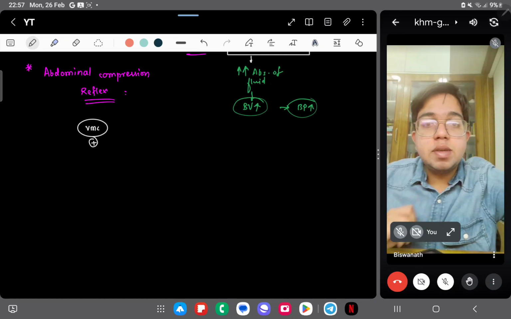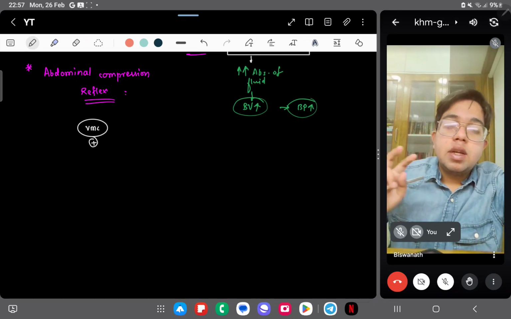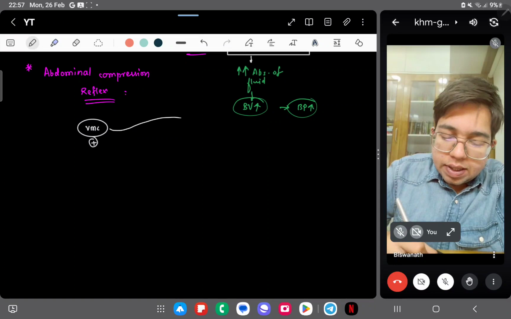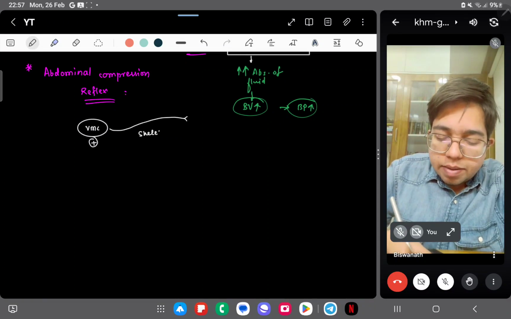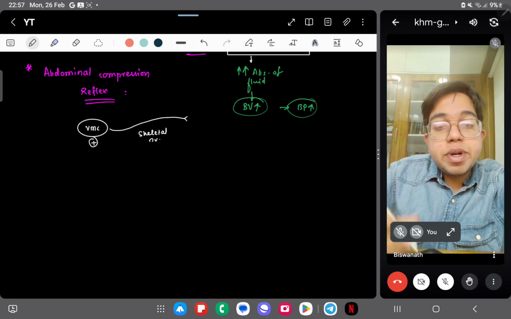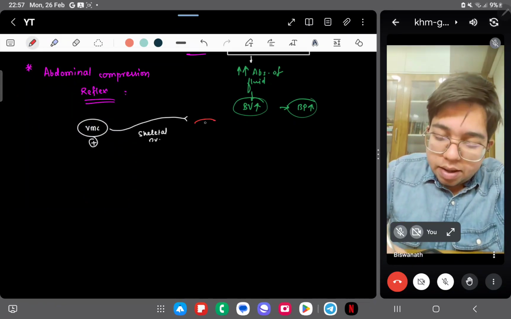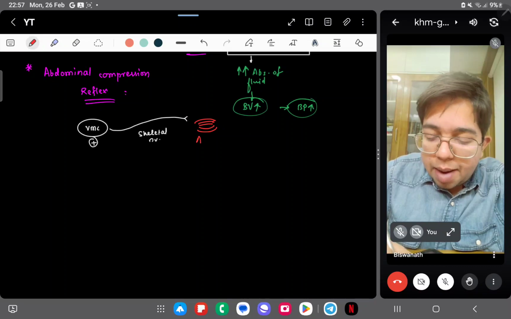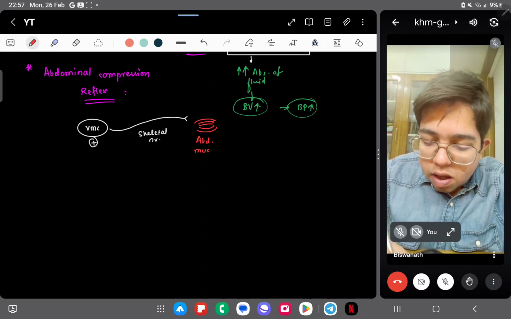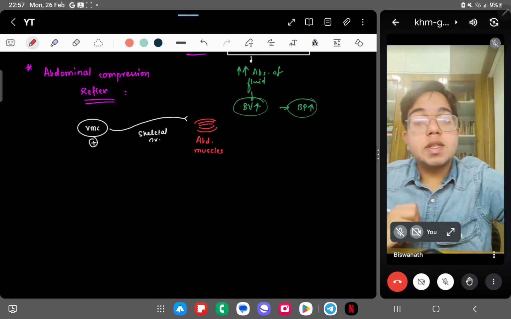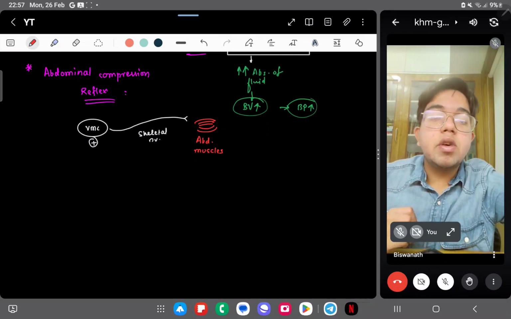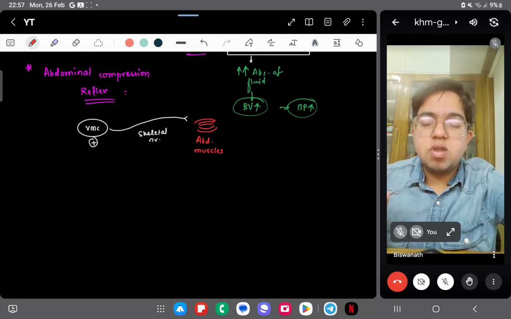This is mediated by skeletal nerves. Just remember this: skeletal nerves, because abdominal muscles are innervated by skeletal nerves. This will stimulate your abdominal muscles, specifically your rectus abdominis.